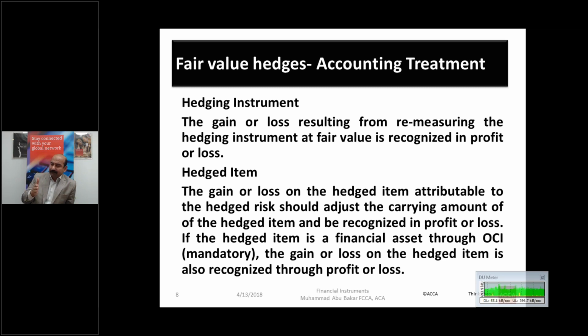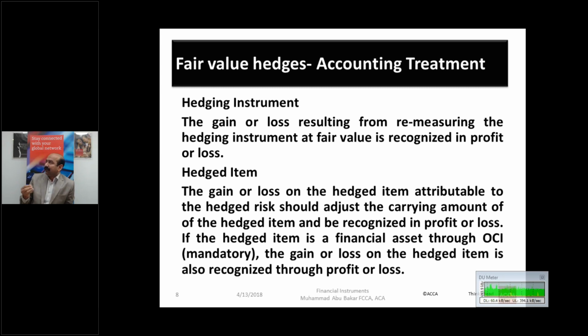Now, when time passes, there may be changes in the value of the hedged item and the hedging instrument. So this change in value will be in the form of gains or losses on these two items.